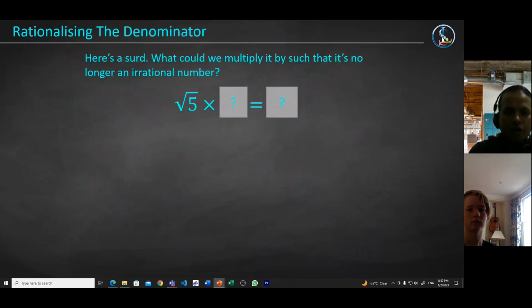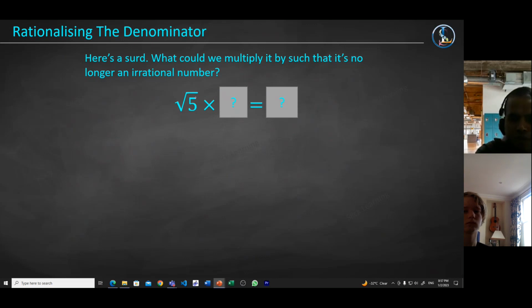Now there are other parts of doing surds. Apart from simplification, they will often ask you to rationalize. How are you going to do that? Let's see an example. Square root 5: if you want to rationalize it, you need to multiply with the number itself.